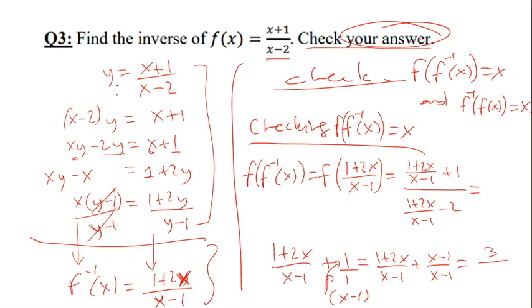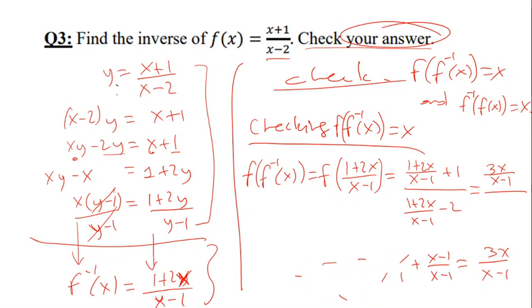This will make 3x divided by x minus 1. And this is the numerator, and the denominator will be like this.